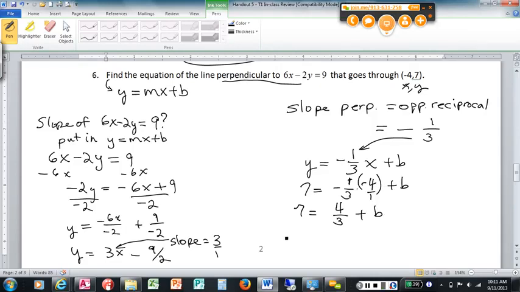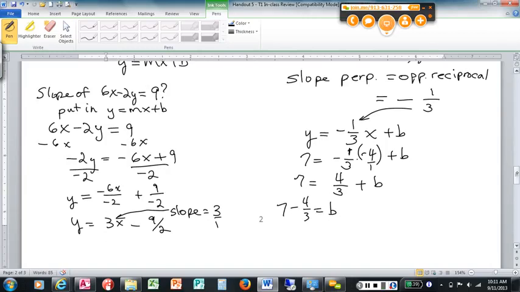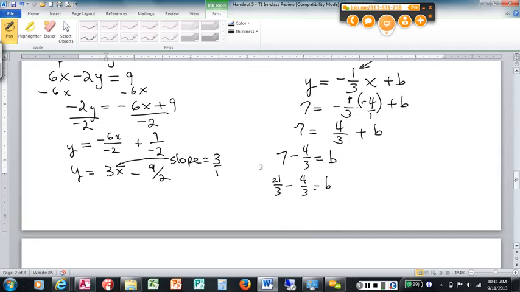Subtract the 4/3. B is going to be 7 minus 4/3, which is 21/3 minus 4/3. One way we could calculate that, get a common denominator. 17/3 is b. So y equals negative 1/3 x plus 17/3.